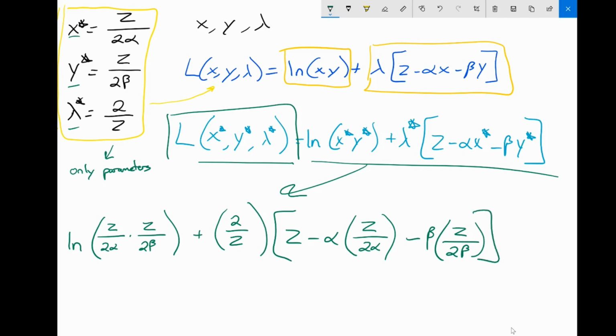All right, so here is the indirect objective function, the Lagrange function with the optimal values plugged in. When you look at it, there's no x, no y, and no lambda anymore. Only parameters.